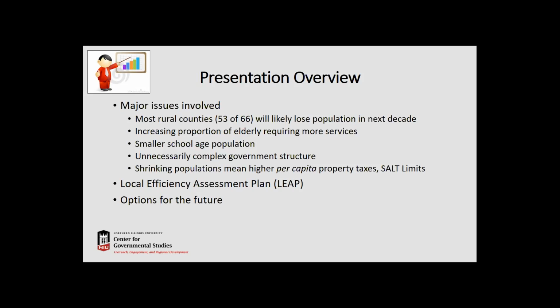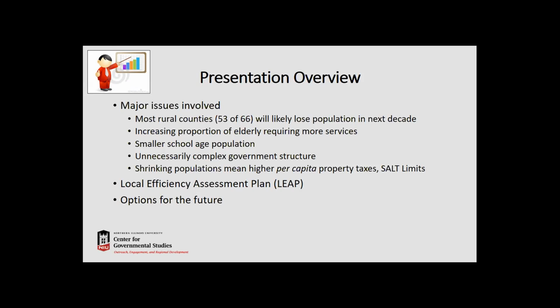If you have a decline in population and the same or increasing property taxes, if you allow for inflation, then each person is going to be paying a substantially higher property tax bill. And given the SALT requirements in the federal legislation and deductibility, states with relatively high property taxes are going to be at a disadvantage compared to other states, because it's simply going to cost their taxpayers more.